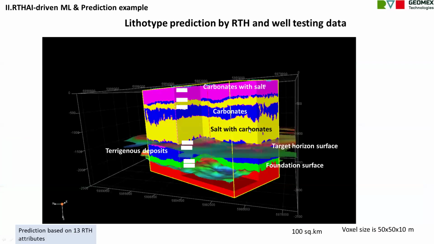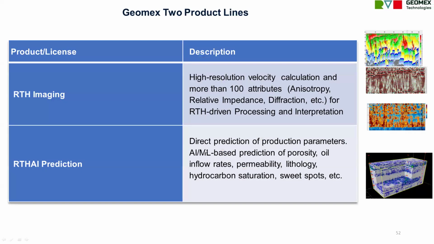It's lithotype prediction using the information of the lithotype prediction of the well. And the last before is our GeoMax2 product lines: RTM imaging concerning the RTH velocity and more than 100 attributes, which are possible to use for processing and interpretation.